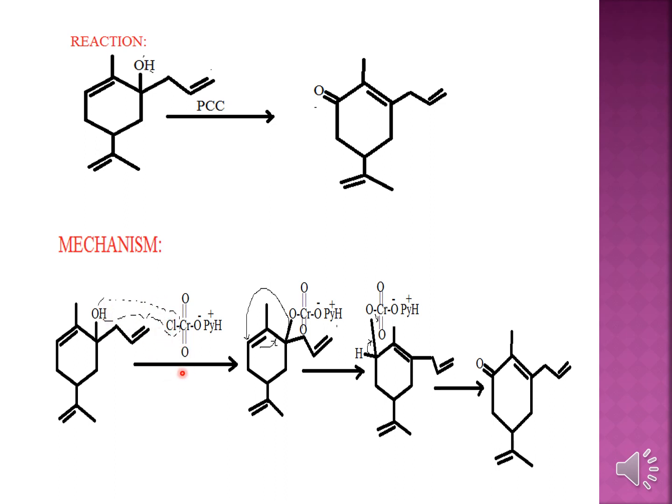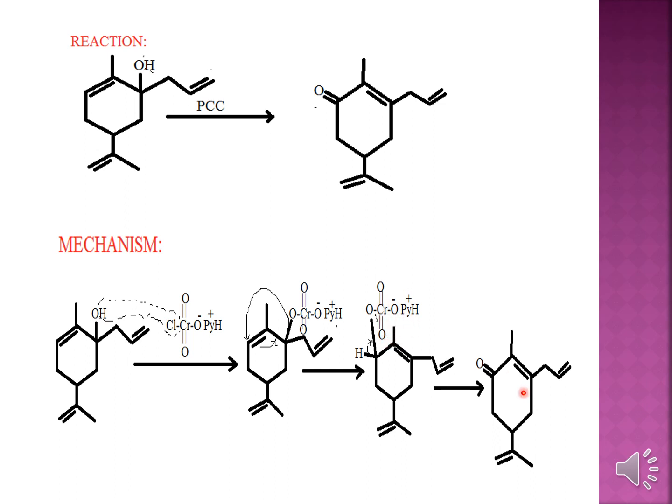Once the acid is removed, you get this adduct, and then the rearrangement takes place. This whole group will shift here, this bond shifts again, and you get this compound. Then the hydrogen present here comes back, forming a double bond, and this whole moiety gets cleaved out.